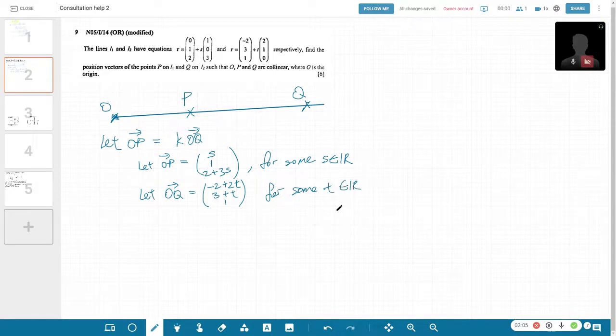So we are going to solve for S and t, that's what it means. Since OP equals K OQ, we are collinear. Even if you don't write the "let" here, it's also okay.